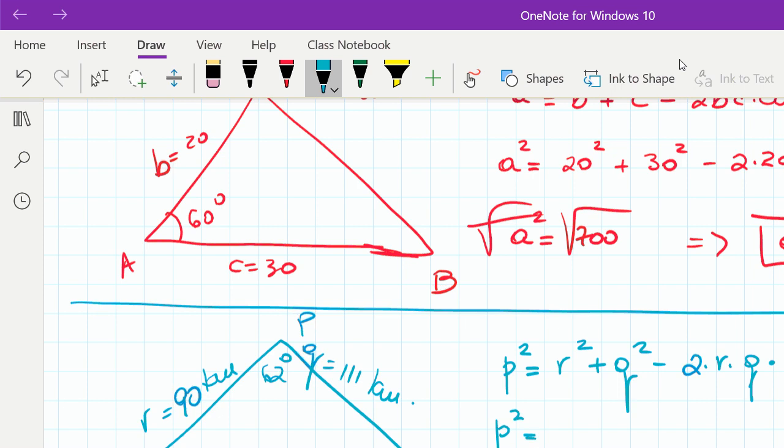Evaluating now, we'll have 90 squared plus 111 squared minus 2 times 90 times 111 times cosine 62 degrees. And from here, p will be equal to 105 kilometers. Again, this is applying the cosine law. Let's take a look now at a sine law application.